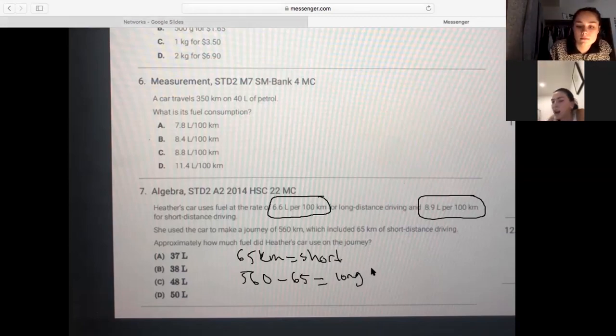So 495 divided by 100? Yep. And then do I times that by 6.6? Yeah.